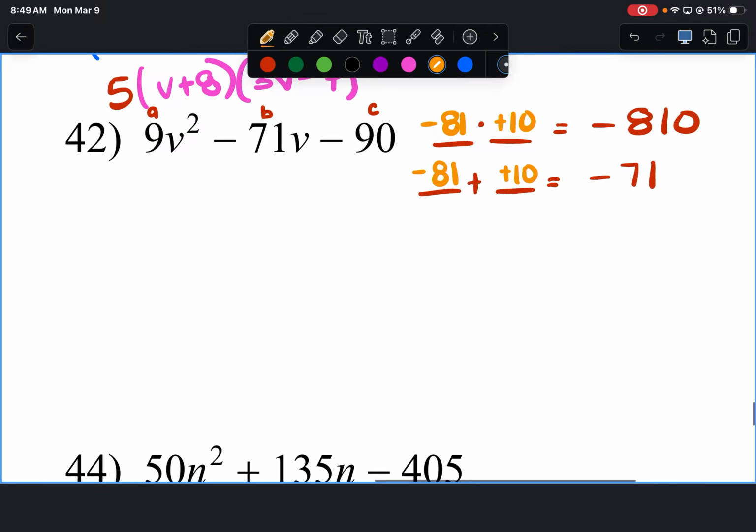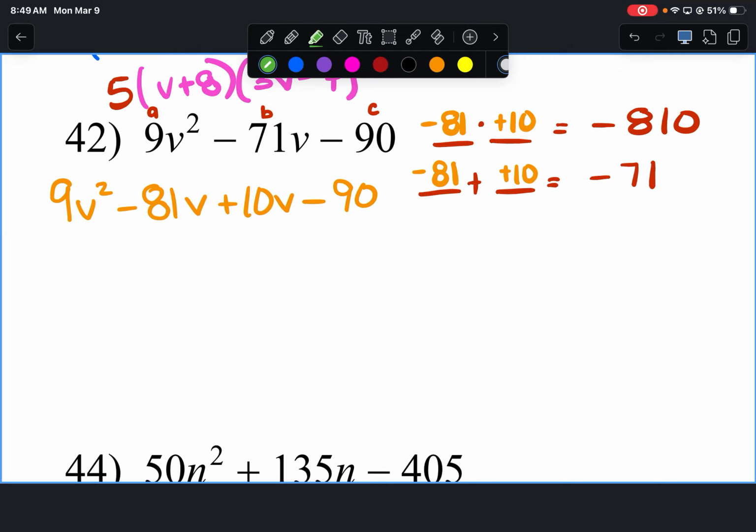Can I use the shortcut? No. So we're going to do 9v squared minus 81v plus 10v minus 90. And then we group. So when we group the first two, what is their greatest common factor? 9v.